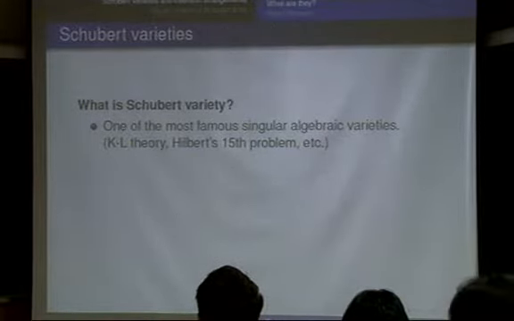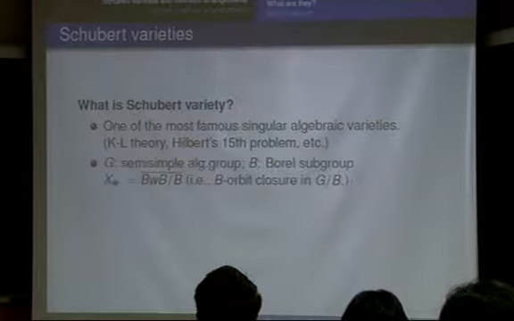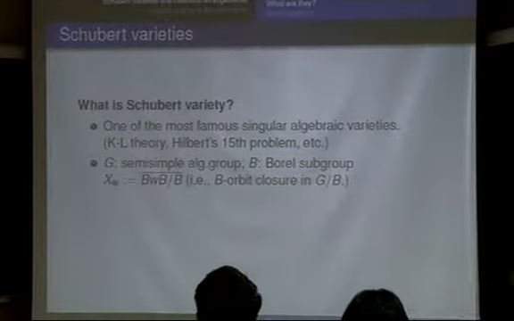Schubert variety is one of the most famous singular algebraic varieties. It appears in Kazhdan-Lusztig theory and Hilbert's 15th problem, which is essentially Schubert calculus. Its definition is like this.